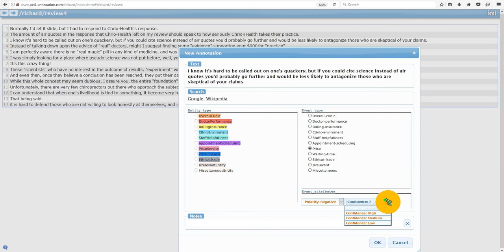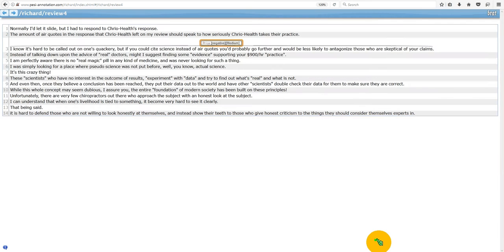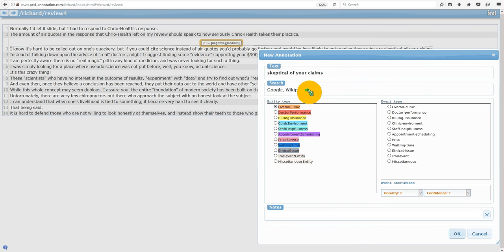My confidence level is medium. Okay. Here I highlight this keyword, which is going to be the entity about the price service.